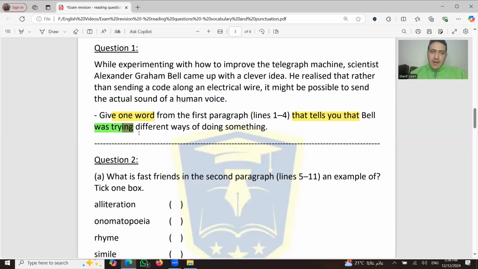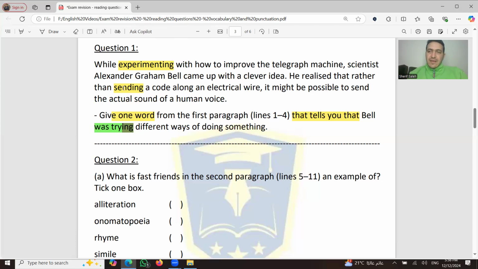In this case, I narrowed down my options to two words, experimenting and sending. These are the two words here that end in ing. So here, this word should mean that he was trying different ways of doing something.